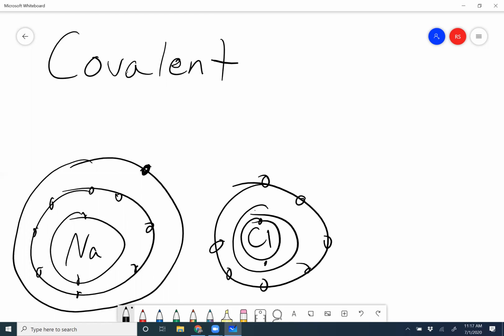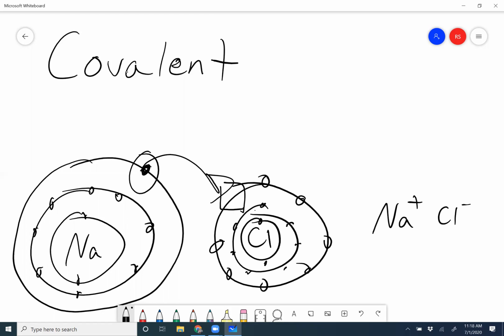And same thing, chlorine has 8 underneath it. So this guy has a big hole, this guy has an extra one. They exchange electrons and we get sodium positive, chlorine negative, and they're just attracted to each other because of their opposite charge. That's an ionic bond right here, the electrostatic attraction between their opposite charges.